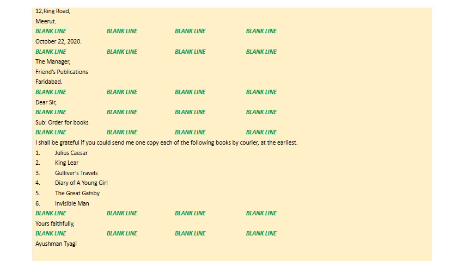I shall be grateful if you could send me one copy each of the following books: Julius Caesar, King Lear, Gulliver's Travels, Diary of a Young Girl, The Great Gatsby, Invisible Man. Yours faithfully, Ayushman Tyagi.